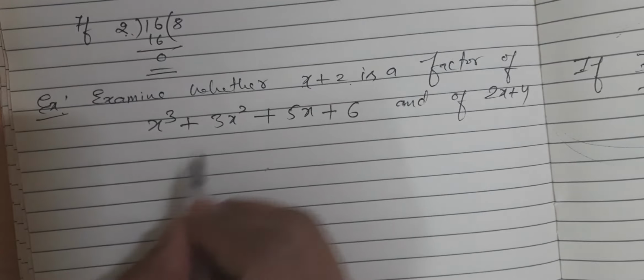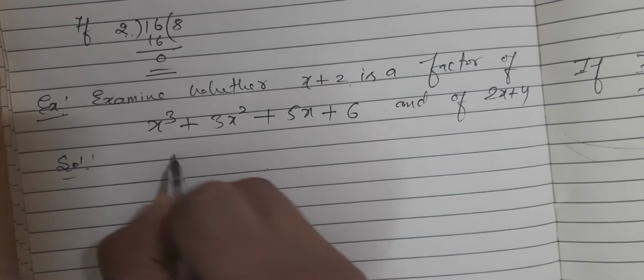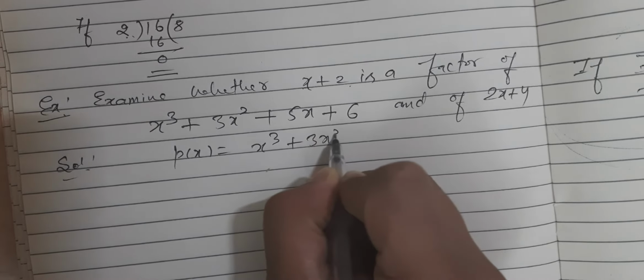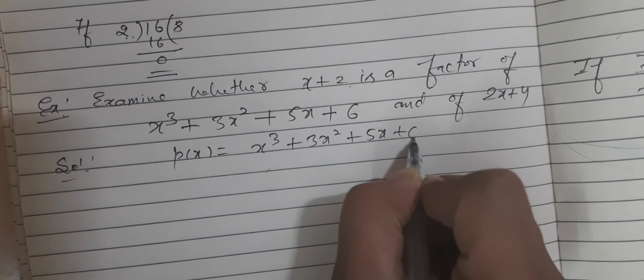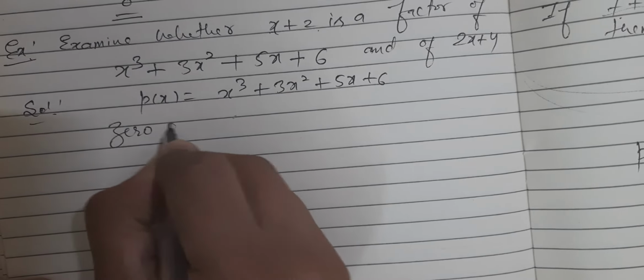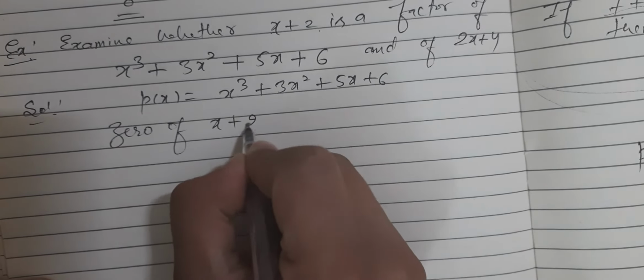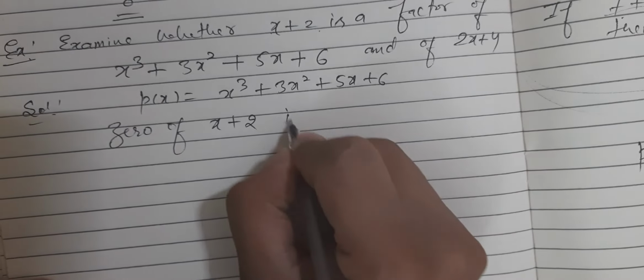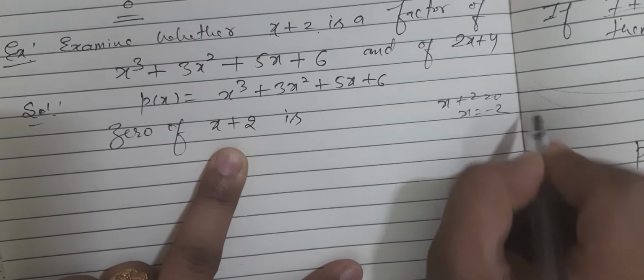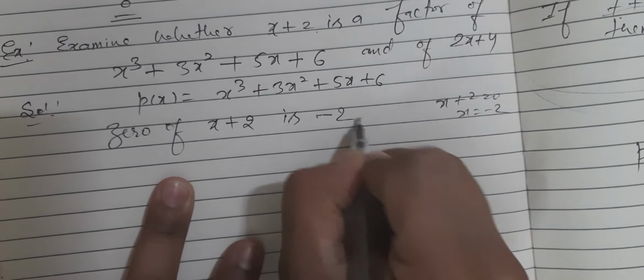So first, this is our required polynomial, x cube plus 3x square plus 5x plus 6. Now we will find the zero of x plus 2. Equating x plus 2 to 0 gives minus 2, so the zero of x plus 2 is minus 2.